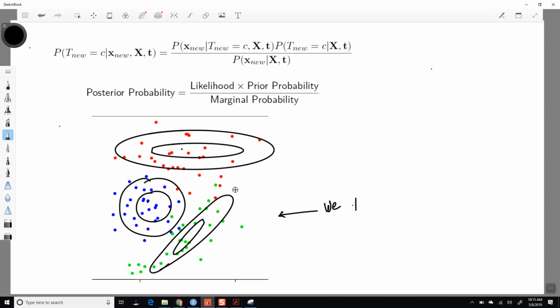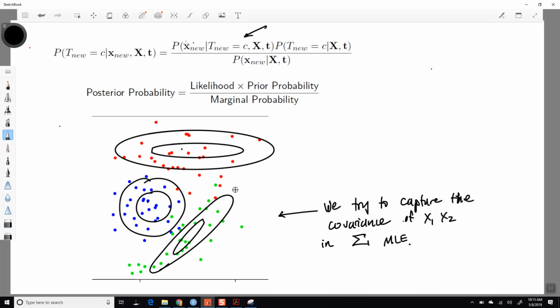We capture the covariance between x1 and x2 in our sigma MLE estimate, sigma ML, maximum likelihood estimate. That factors in when we do this, right?